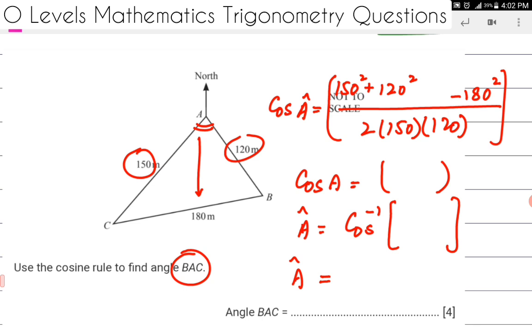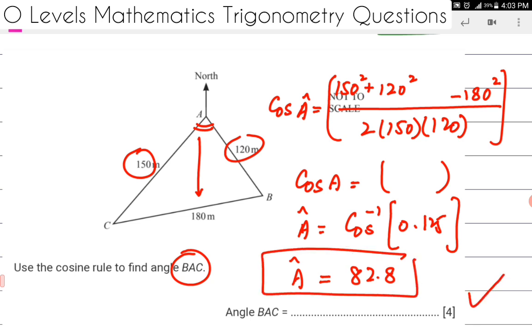So we have 150 squared plus 120 squared minus 180 squared divided by 2 into 150 into 120. This value is 0.125, and shift cos inverse of the answer becomes 82.8. So your final answer is 82.8 in this scenario.